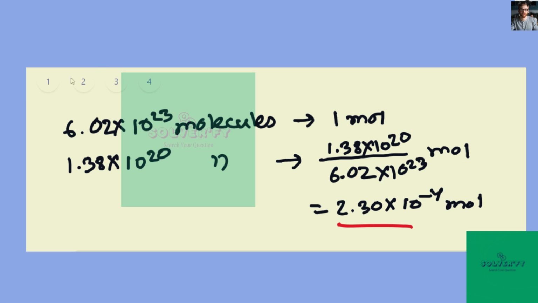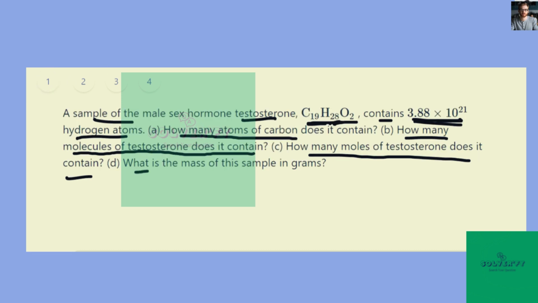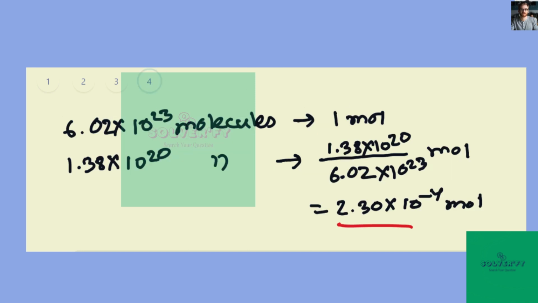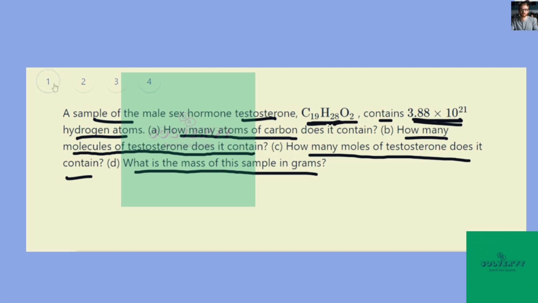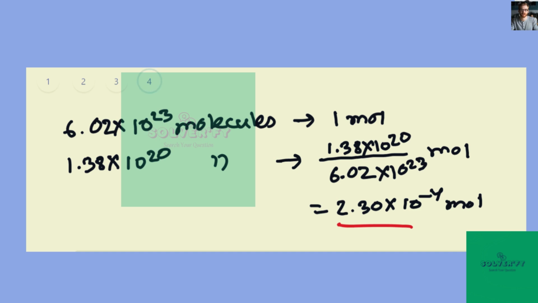Now, in the last part of this problem, you have to find out the mass of this sample in grams. To do that, we have to find the molar mass of testosterone, and molar mass means the mass contained in 1 mole. From there we can find out the mass contained in this much mole, which is the number of moles for the sample.